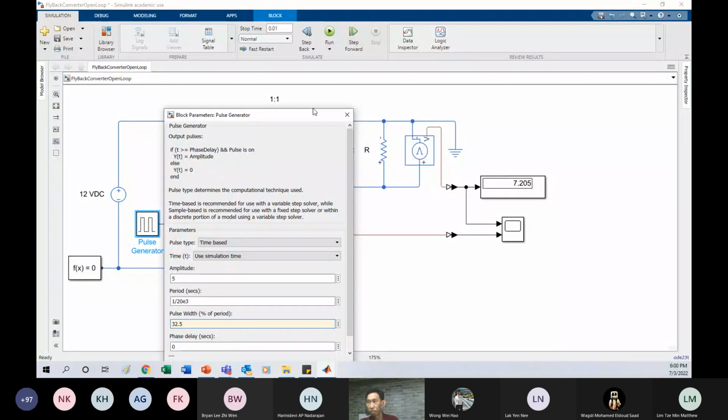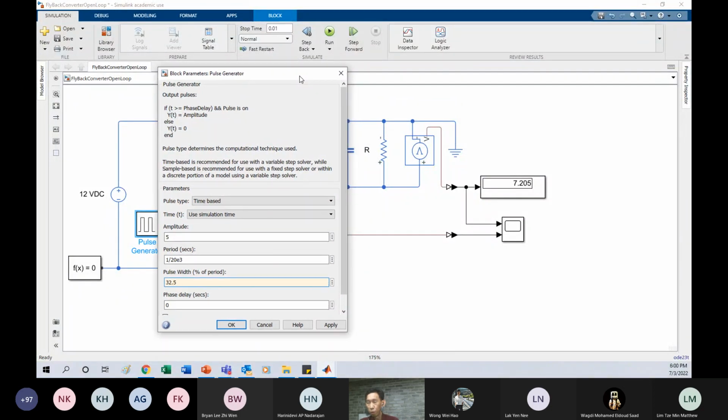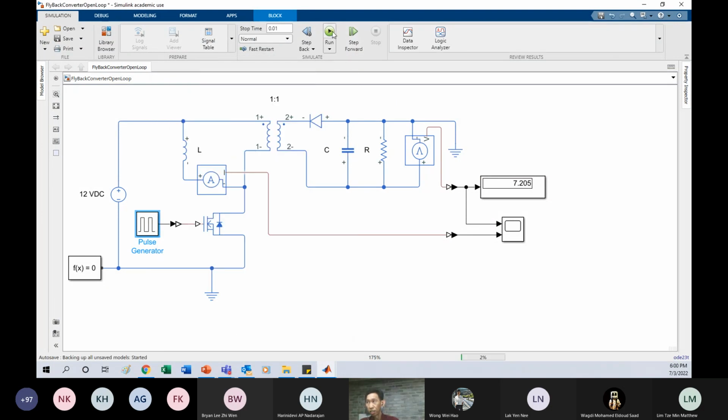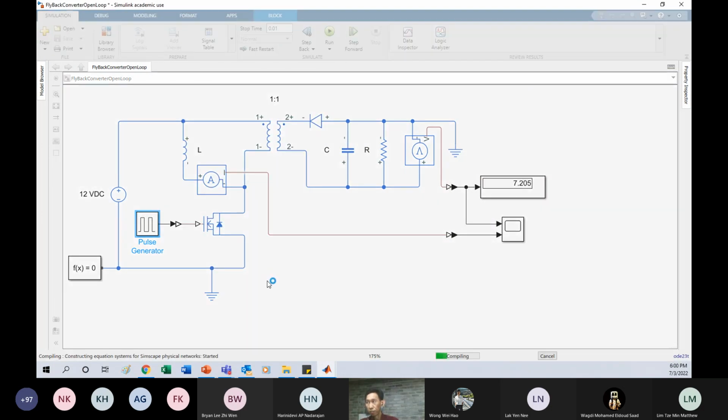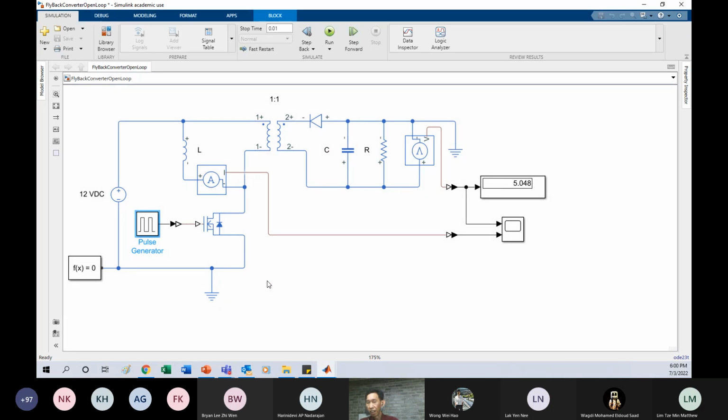Like I said, when you have around 50, the buck boost doesn't increase or decrease. So, let me just run for 0. Yeah, I get 5 watt. So come class. I ask you all to do this because this is something really useful and it has been used in many commercial chargers you use today.